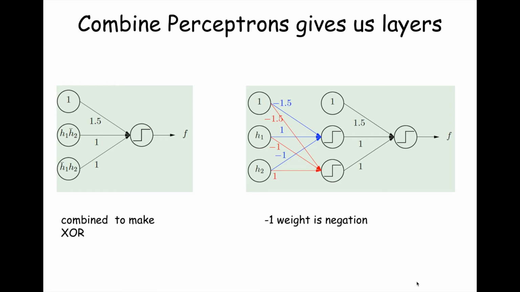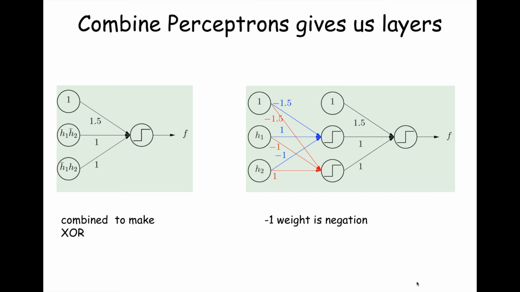That's this first one, H1 ANDed with H2 bar. And then we have the H1 for the blue. That's H1, it's +1. And then we have H2 bar. H2 has a negative weight, -1, before it goes into that particular input. Does that make sense? And so that's an ANDing of H1 multiplied by 1 with H2 bar. Here's H2, and that negative edge weight on the blue edge from H2 to that node is H2 bar. Does that make sense? Okay.